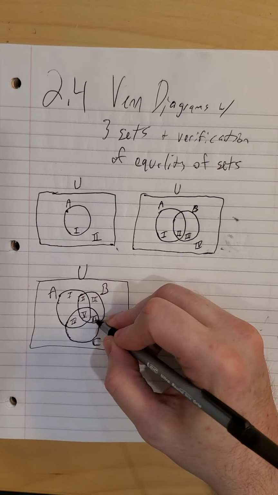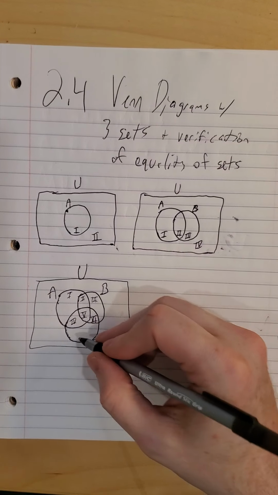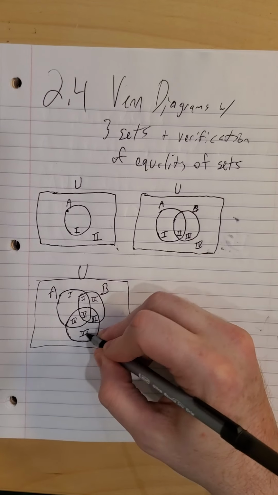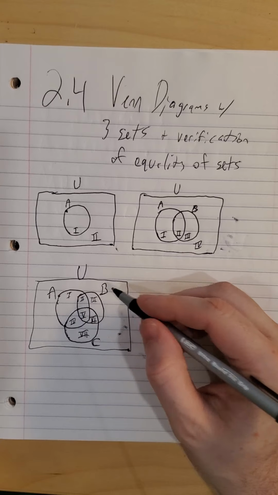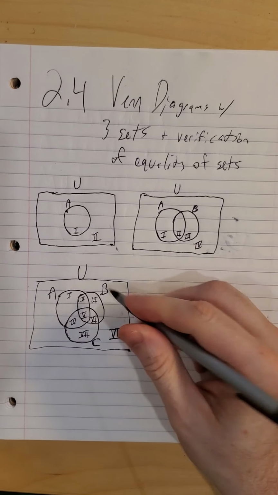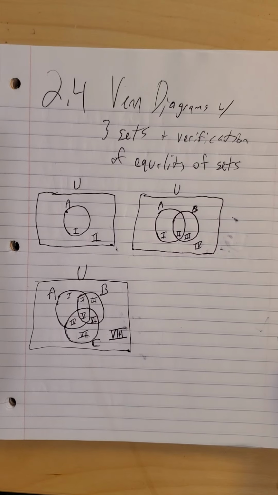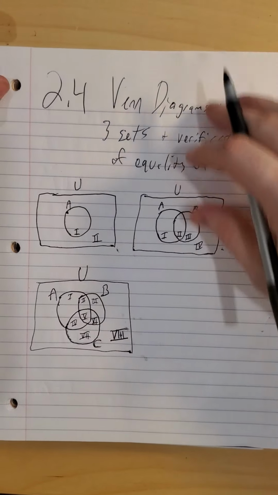Region 6, we have B and C but not A. Region 7, we have C but not A or B. And region 8 is inside of our universal set but outside of our other regions.